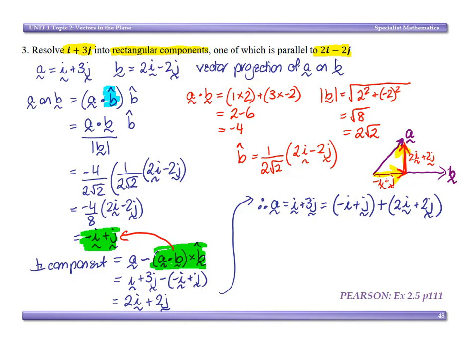Now you'll notice 2i minus 2j can be rewritten as negative 2 times negative i plus j.